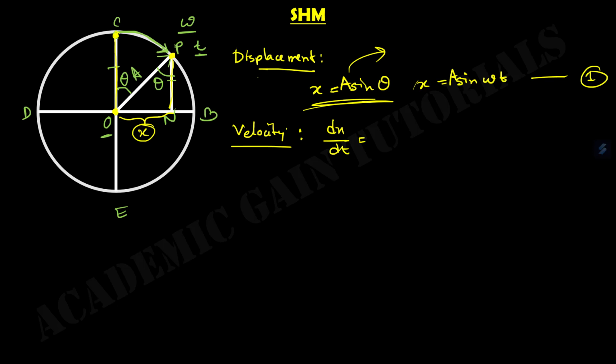I just forgot to write this a. So x equals a sine omega t, and the velocity equals a omega cos omega t. This is the equation of the velocity v of this particle moving on this path. I hope you understand this.